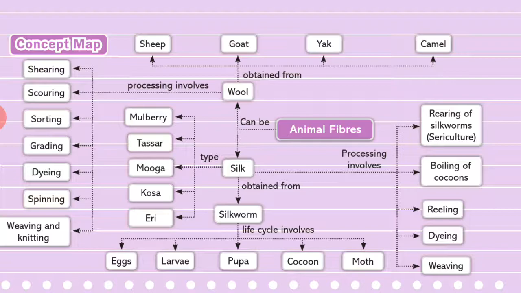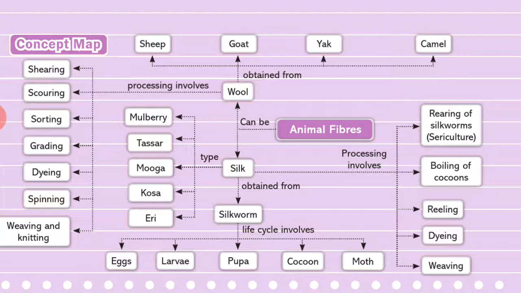We started the discussion with wool, which we obtain from sheep, goat, yak, and camel, and the processing of wool involves shearing, scouring, sorting, grading, dyeing, spinning, weaving, and knitting. And in case of silk, we discussed it.